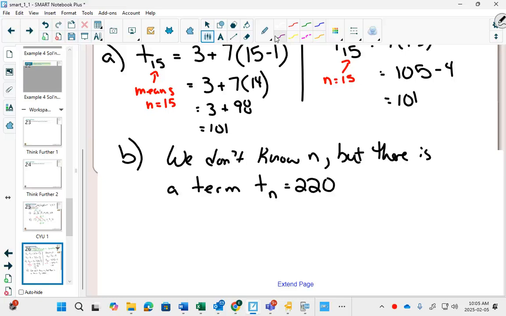So we know there's some n that this works. It might be term 7, might be term 9. But this is the new thing that is sometimes tricky for students.